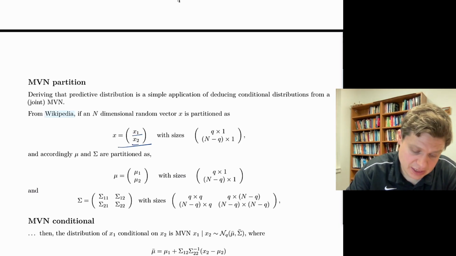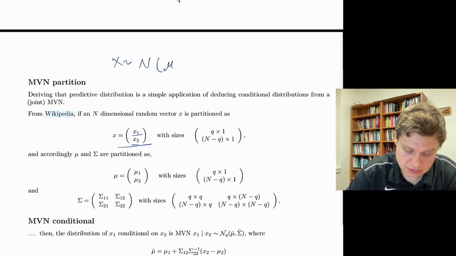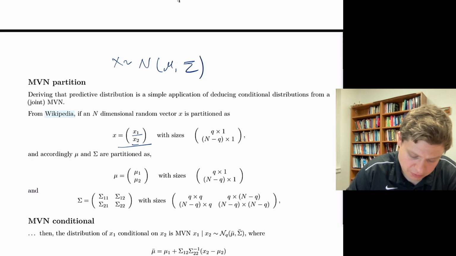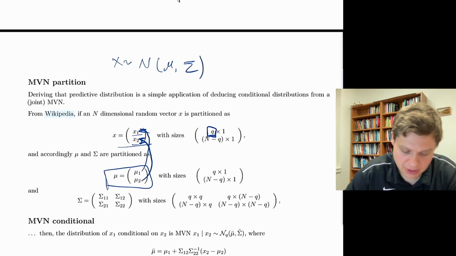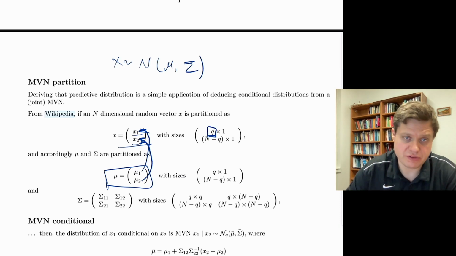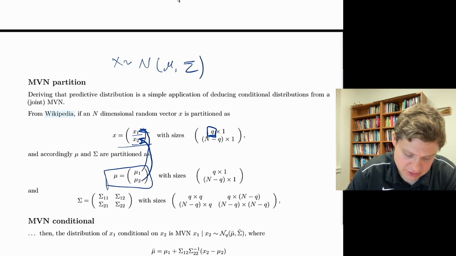Let's say x follows a normal distribution with mean mu and covariance sigma. You can split mu into two parts, mu1 and mu2, where mu1 corresponds to x1 and mu2 corresponds to x2. So the first q elements of the vector are x1 and the rest of them are x2.